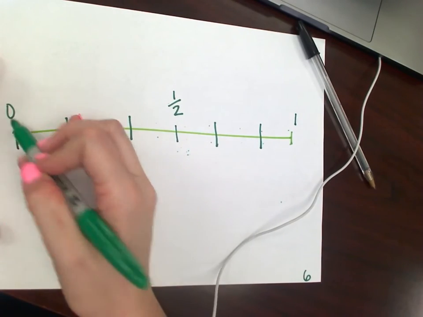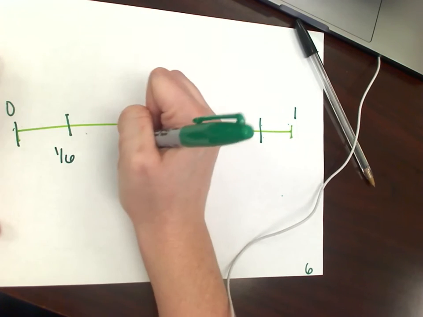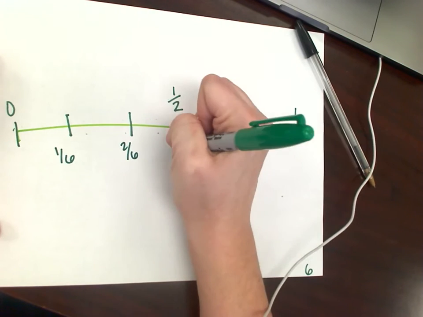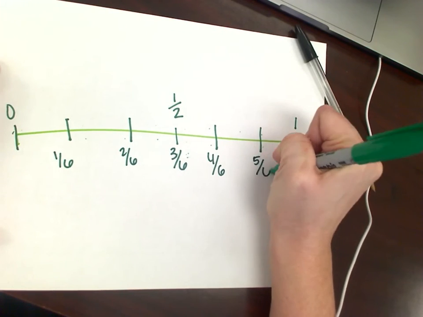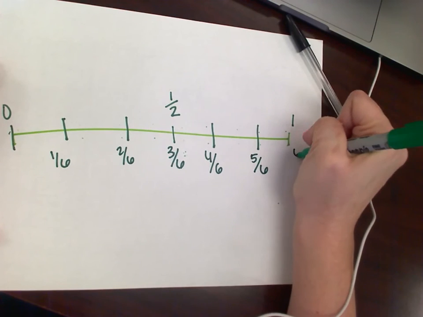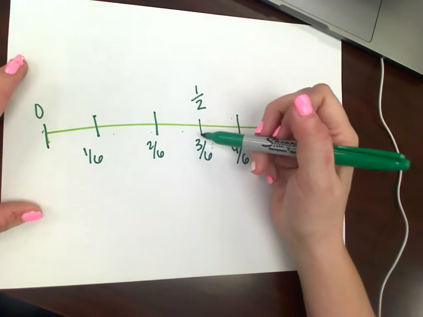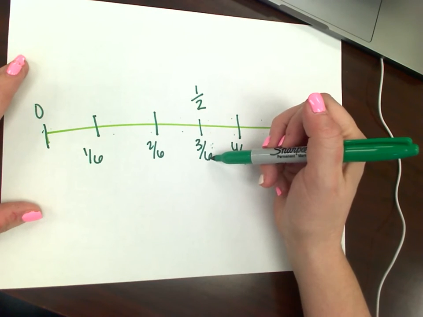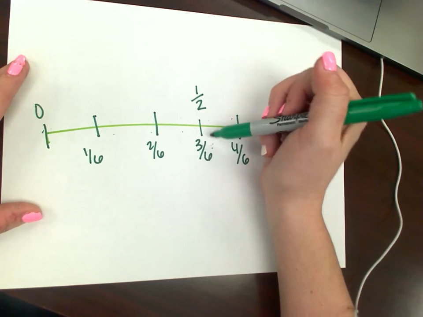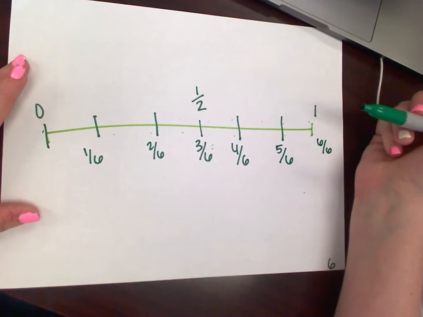I'm starting with 0 always. And then 1, 2, 3, 4, 5, and then 6/6 is the same as 1 whole. And 3/6, since if we cut 6 in half, we get 3, that means its equivalent is 1/2. So that makes sense that they would line up here.